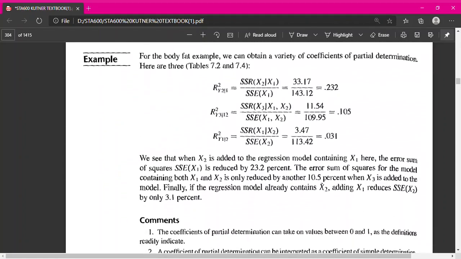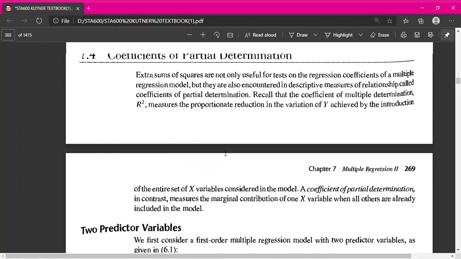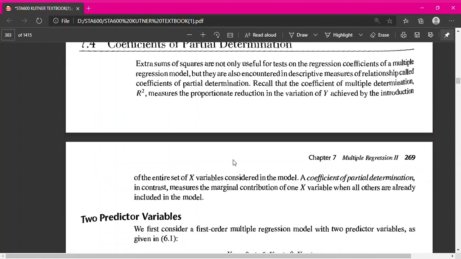As you know before this, R square, kita boleh tengok how many percent of the total variation in y is explained by the x variables. And you also memorize that the formula for R square adalah SSR divide dengan SSE, kan? So ni formula untuk R square before this.